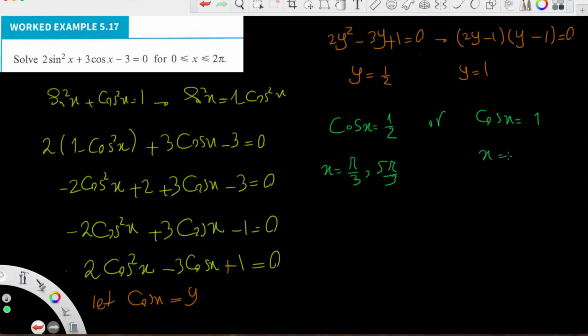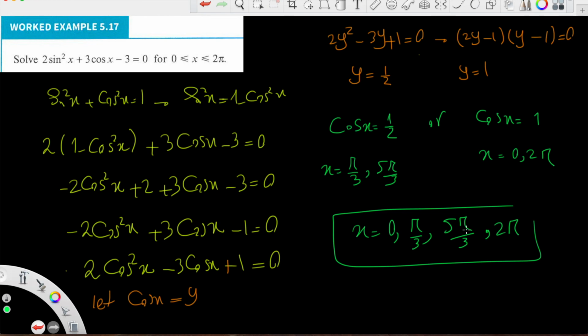Here it will be 0 and 2 pi. So overall our answers in ascending order: 0, pi over 3, 5 pi over 3, and 2 pi are the answers for this equation.